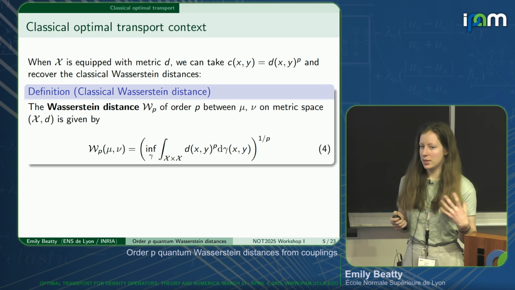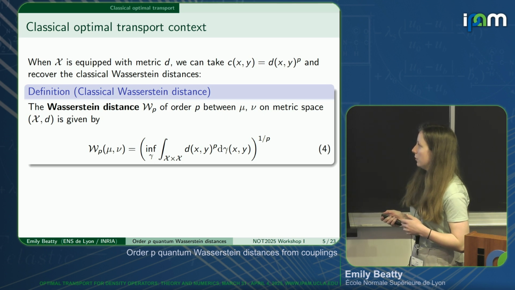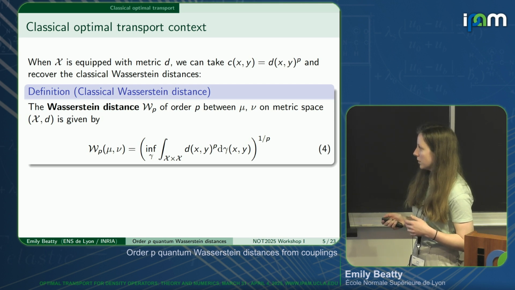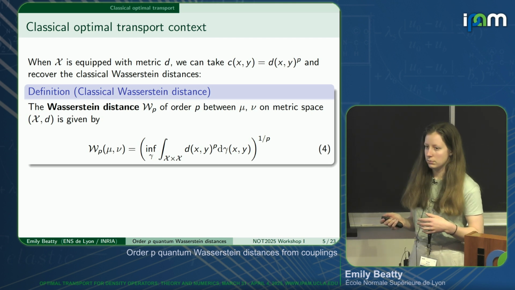And this gives us the definition of the classical Wasserstein distances. The Wasserstein distance of order p between two measures on a metric space is just the optimal transport cost with respect to the cost being the pth power of this distance, taking the pth root.